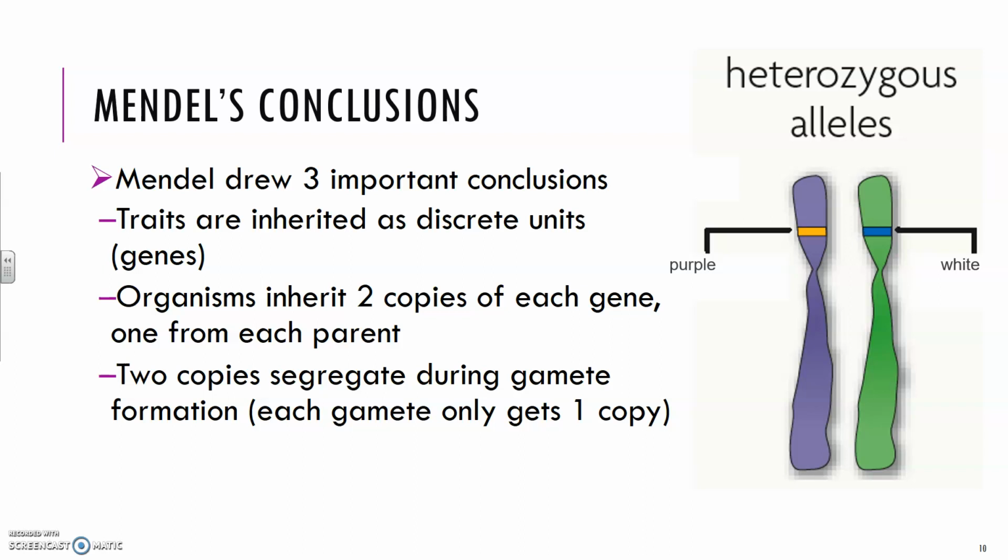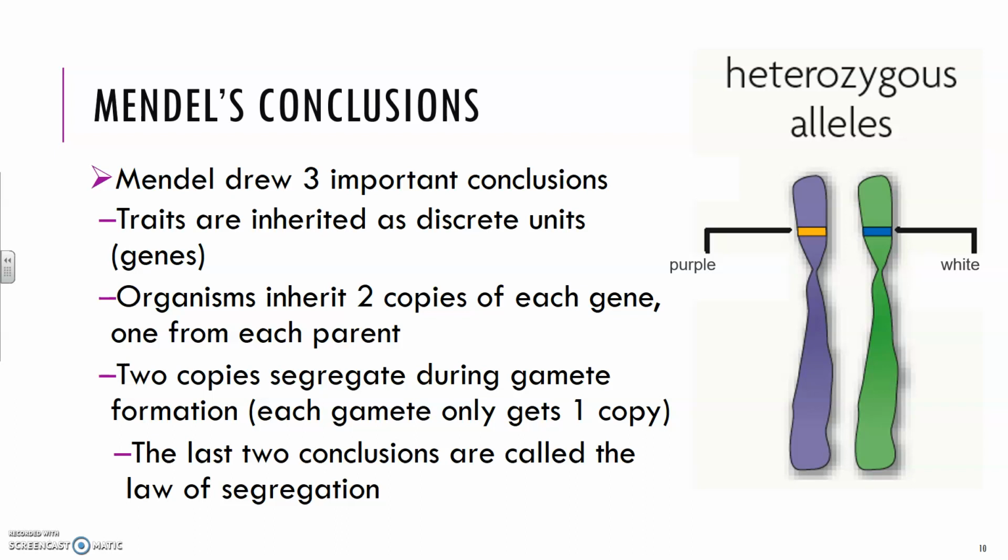That's kind of what it's saying. And we talked about this a little bit before, when we said it doesn't matter which one lines up next to it, whether it's a chromosome from the mom or the dad. That makes sense.